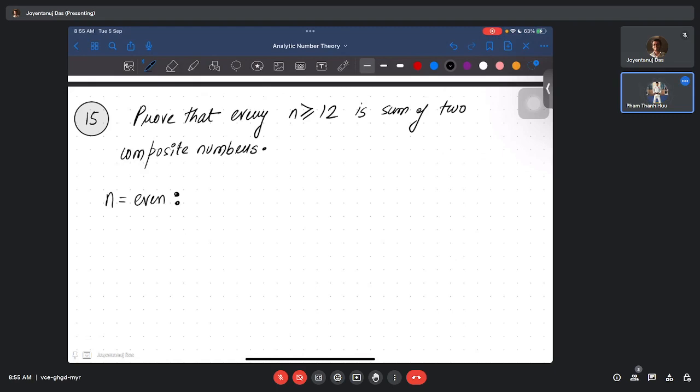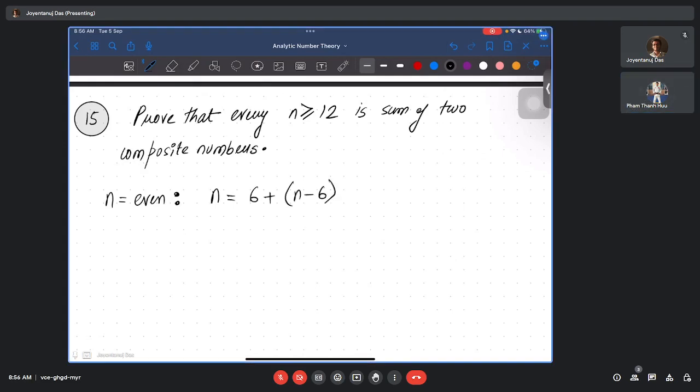Even n greater than 12. So we just take 6 plus n minus 6.